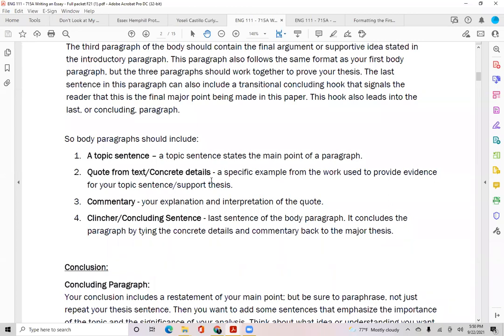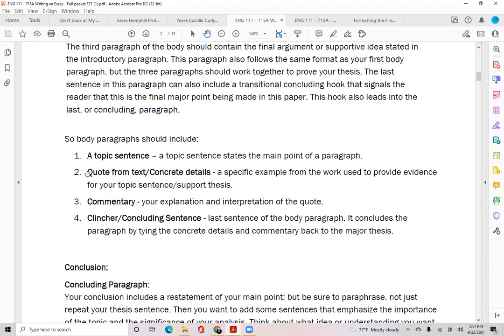It should include a topic sentence, which means a sentence that states what that paragraph is going to be about. It should include a quote from the text, concrete details, and a specific symbol or example from the work used to provide evidence for your topic. Then commentary on the topic, your explanation and interpretation of that quote, and the clincher, which is the concluding sentence, the last sentence of the body.